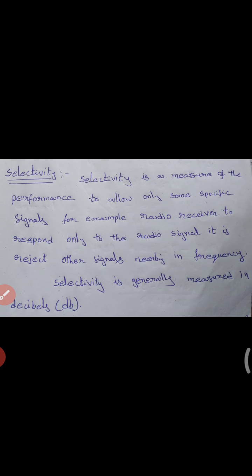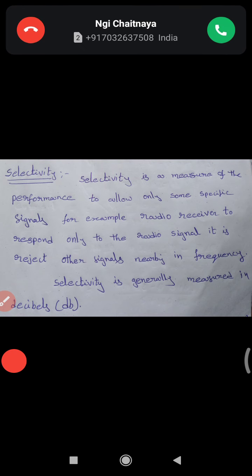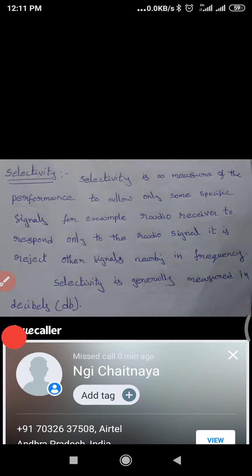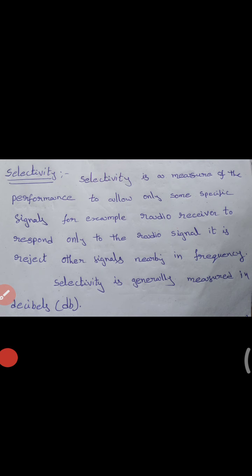Next, coming to the selectivity. Selectivity is a measure of performance to allow only some specific signals. It is a measure of performance to select some particular signals. For example, if you take the radio signal, it allows only some particular frequency signals.